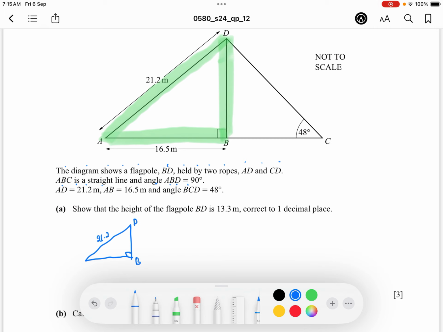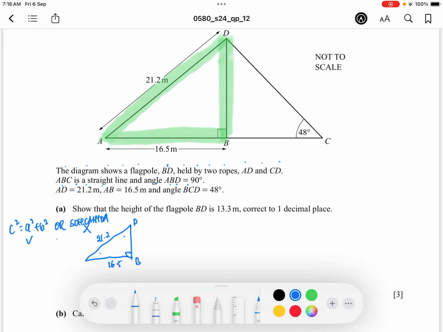This one is given as 21.2, 16.5. Right angle triangle: c squared is equal to a squared plus b squared, or SOH CAH TOA. Since no angle is given, we don't need to use SOH CAH TOA. So we use the Pythagoras theorem.